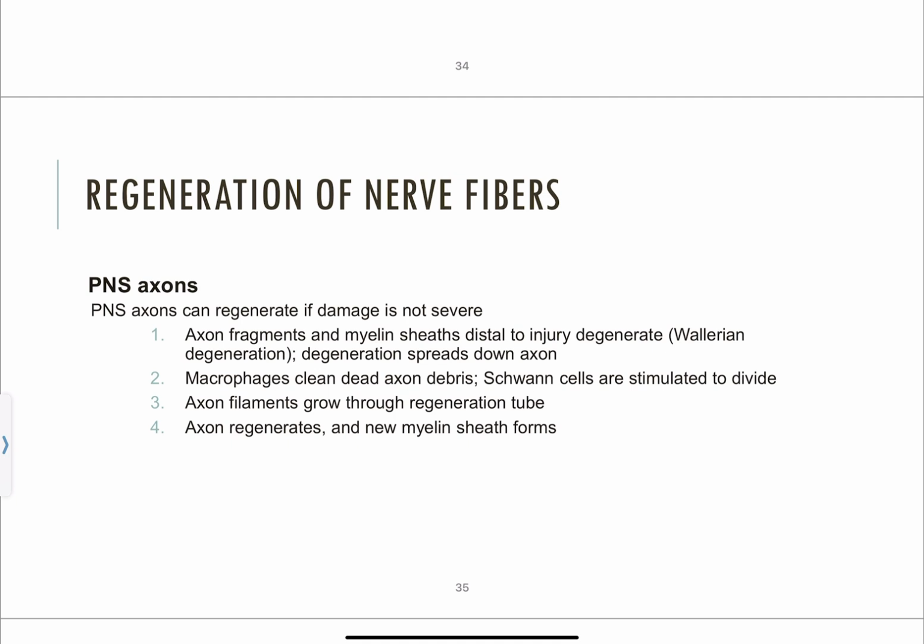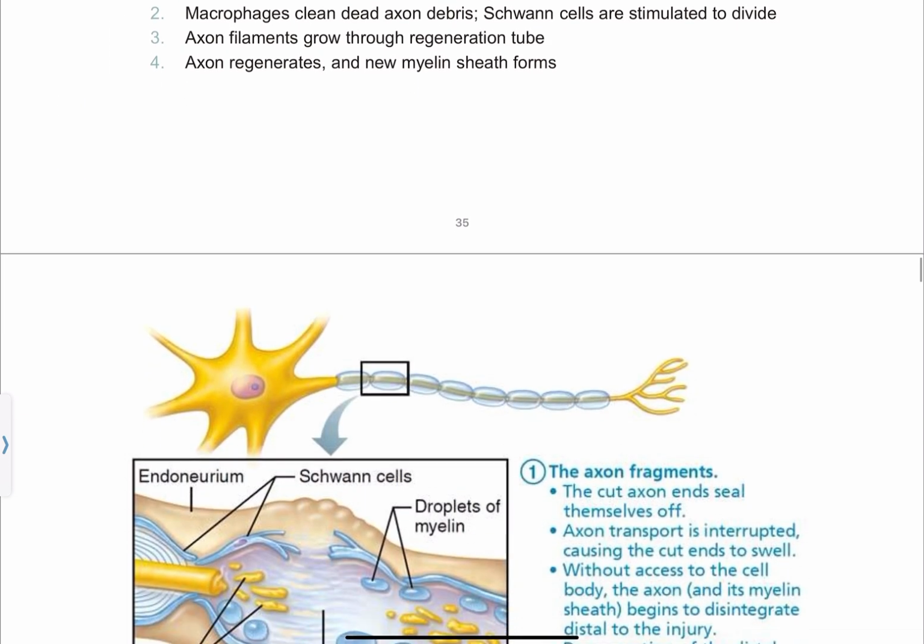So we need some cells to go in there and clean up the debris, and that's going to be accomplished by our macrophages. And then our Schwann cells, remember those are the ones responsible for myelination in the peripheral nervous system, are actually going to stimulate division in order to help with regeneration. And then in our third step, our axon filaments are going to grow through this regeneration tube, which I'll show you. And then our axon is going to regenerate, and we finally form our new myelin sheath.